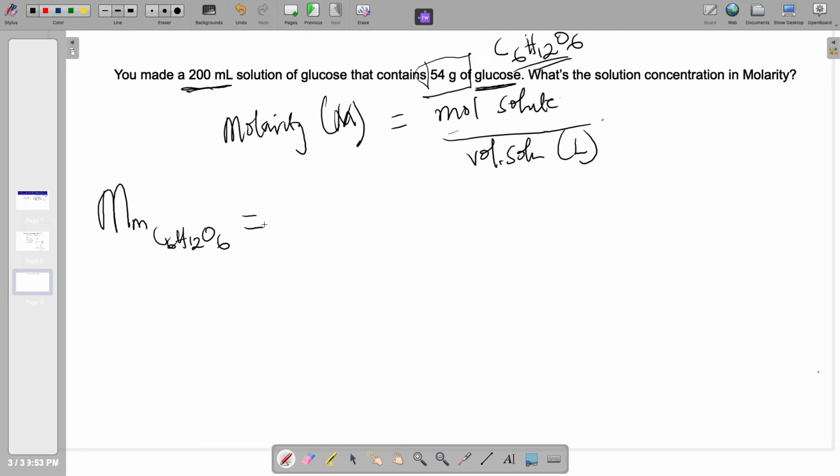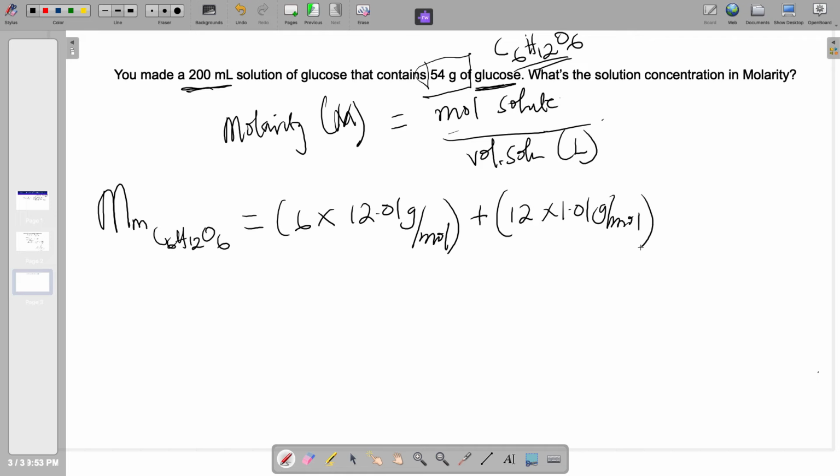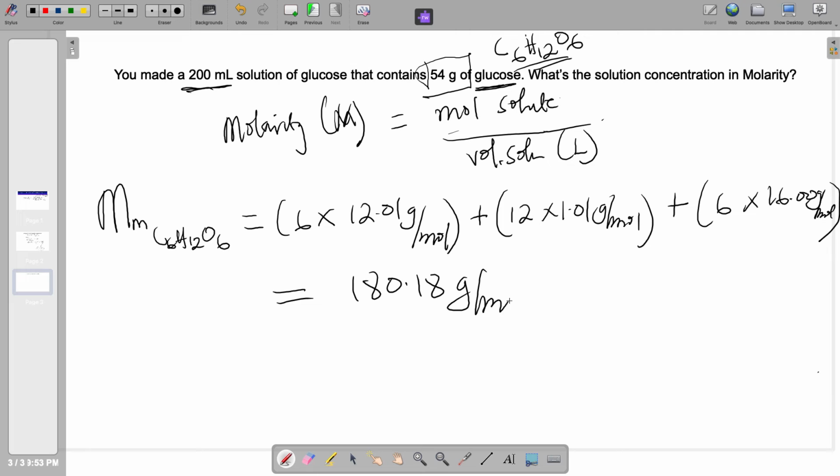MM of C6H12O6 is equal to 6 times the molar mass of carbon, which is 12.01 grams per mole, plus the molar mass of hydrogen, and we have 12 of those, so 12 times 1.01 grams per mole, plus 6 atoms of oxygen times the molar mass of oxygen, which is 16.00 grams per mole. Once we add everything, we should get about 180.18 grams per mole.